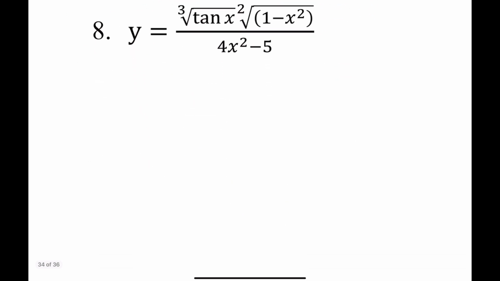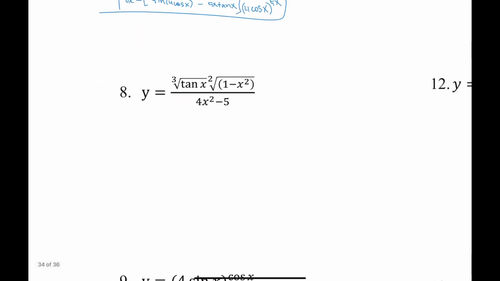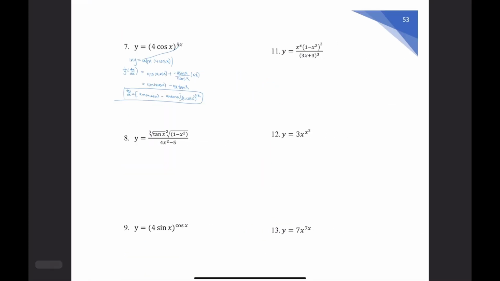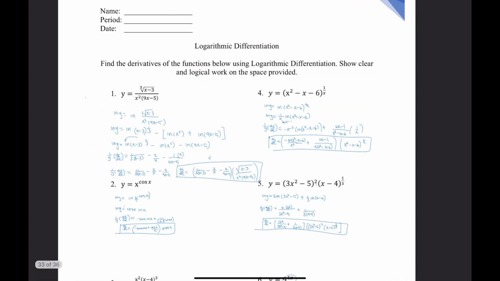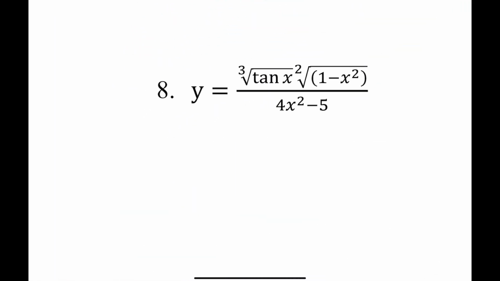Alright, and then moving on to number 8. Again, this one is a little bit complicated. Let's just see what we did in number 1. Well, it's pretty similar, but it's a little bit different, so let's just try this again. ln y equals ln of, it might look a little bit confusing because of the notation, but this is basically tangent x to the 1/3 times 1 minus x squared to the 1/2 power, okay?